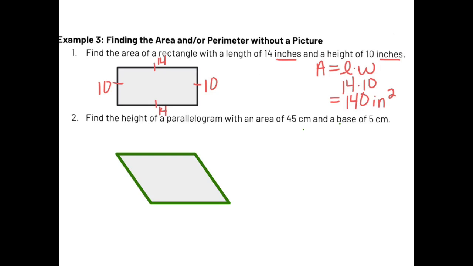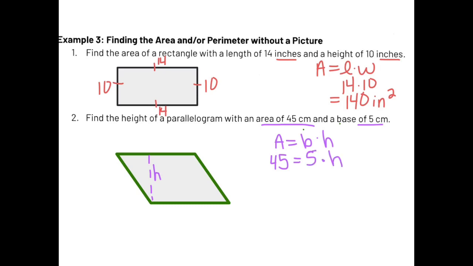The parallelogram problem is a little bit different because it says find the height. So the height of a parallelogram, remember, gets drawn inside, and it says we're finding the height, so that means I don't know what it is, so that's going to be represented by a variable. It does give me the area and the base. So using the formula for area of base times height, I can substitute in the 45 for the area and the 5 for the base because that's the information that's given to me.